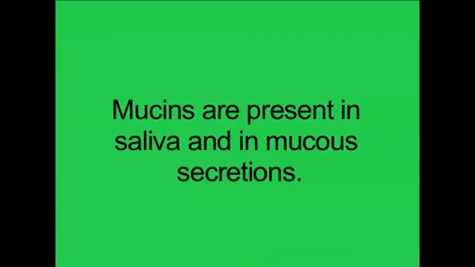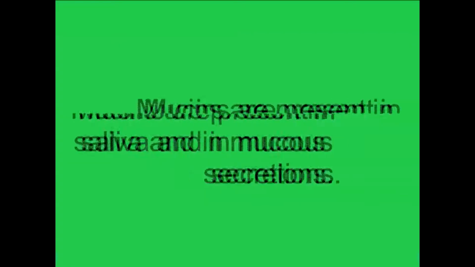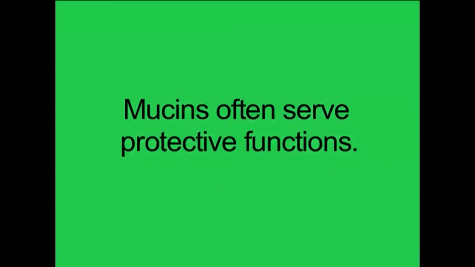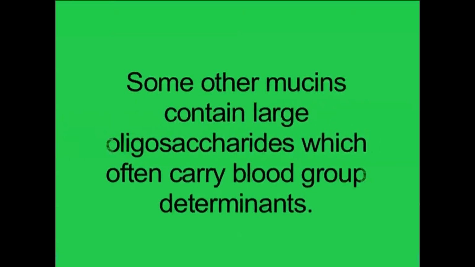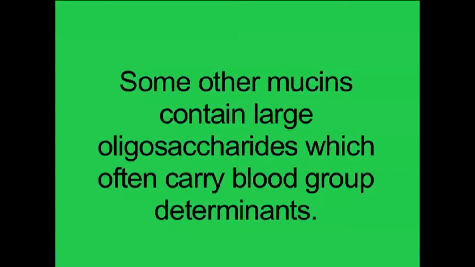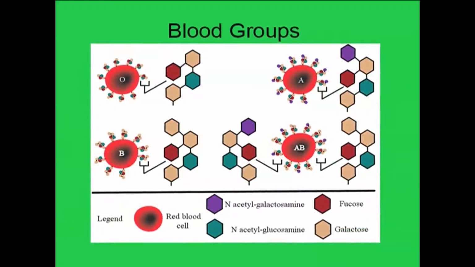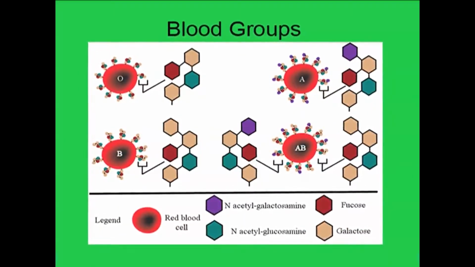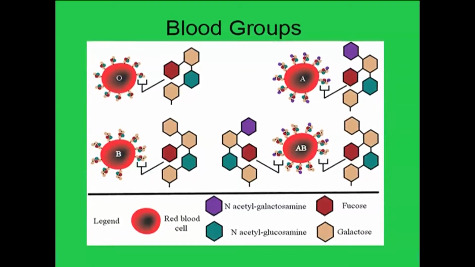Mucins are present in saliva and in mucus secretions, and often serve protective functions. Some other mucins contain large oligosaccharides which often carry blood group determinants. These are concrete examples of mucin-like structures, and differences in the carbohydrate groups give rise to the differences in blood groups of different individuals.